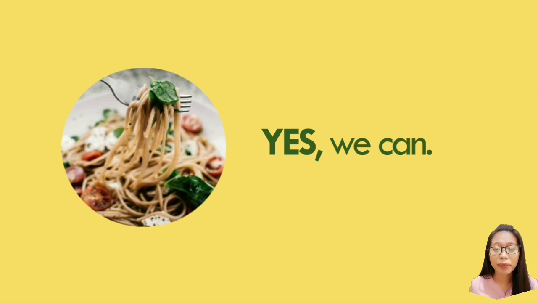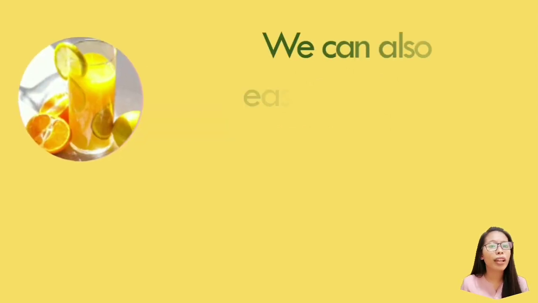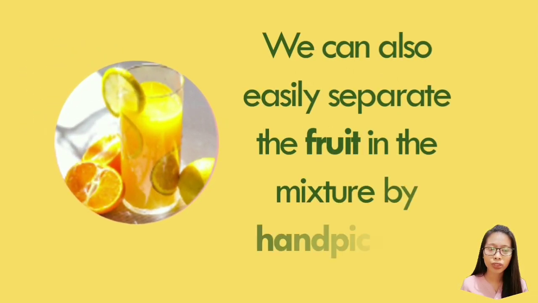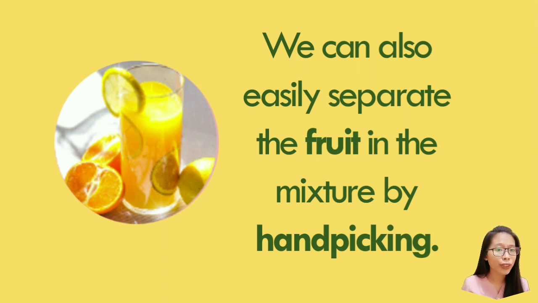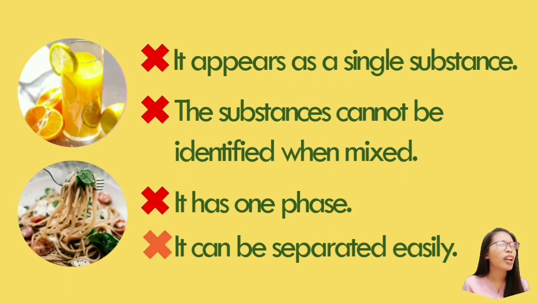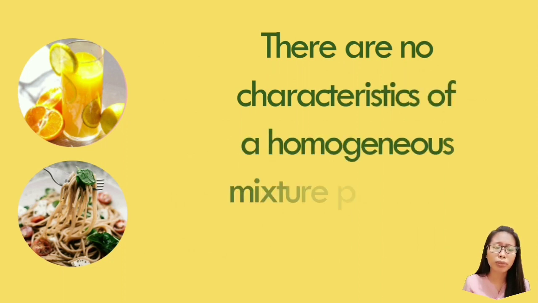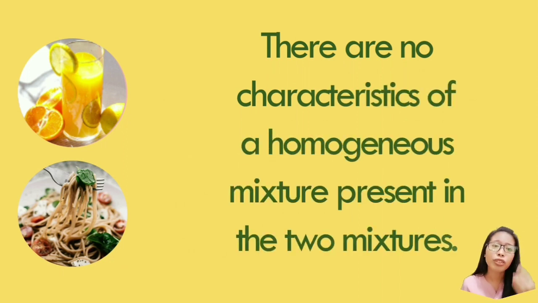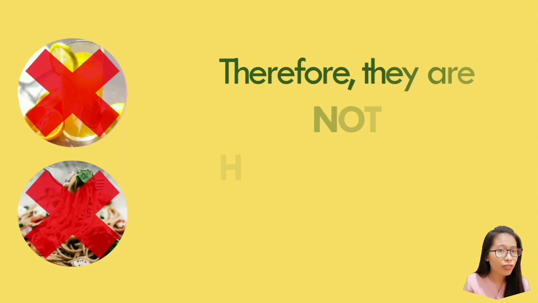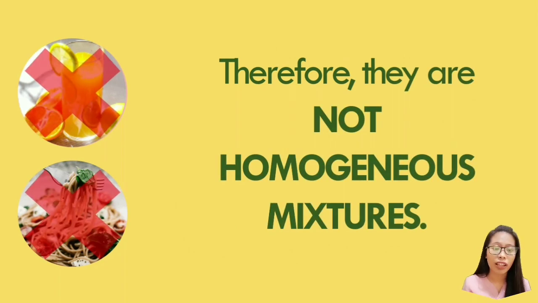We can easily handpick them. How about in the juice? We can also easily separate the fruit in the mixture by hand picking. There are no characteristics of a homogeneous mixture present in the two mixtures. Therefore, they are not homogeneous mixtures.